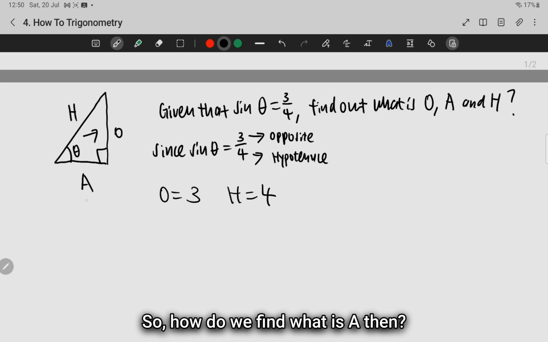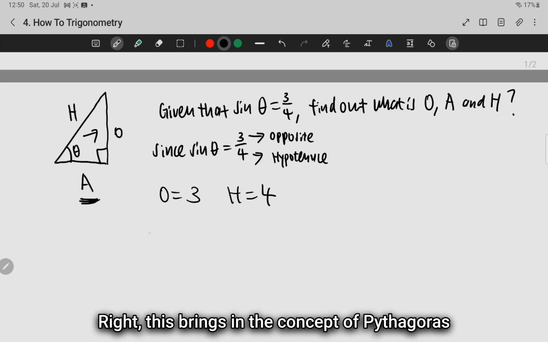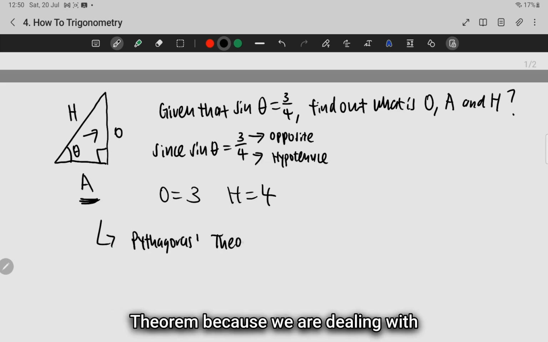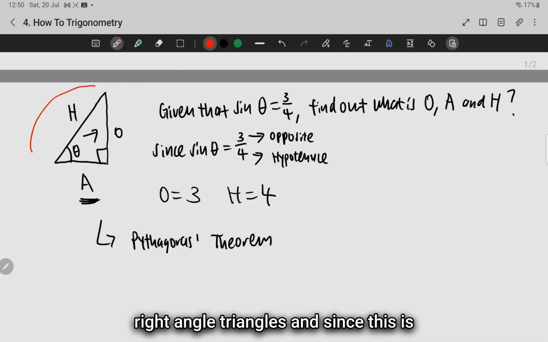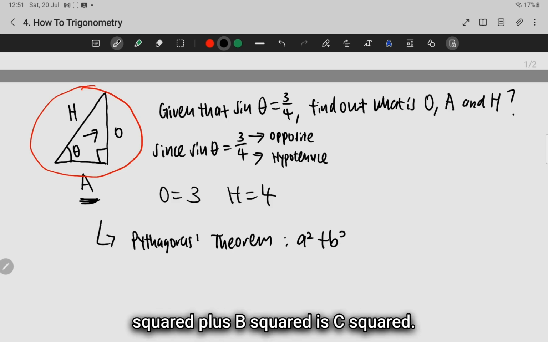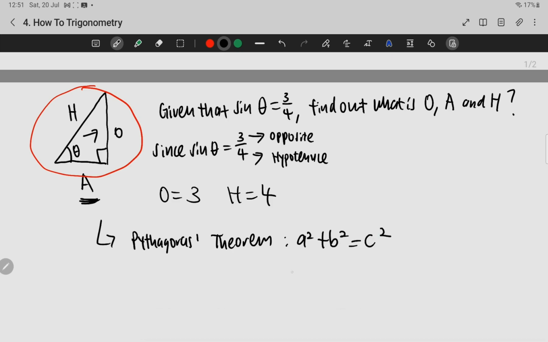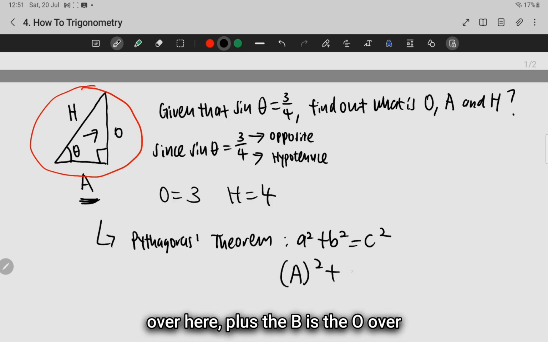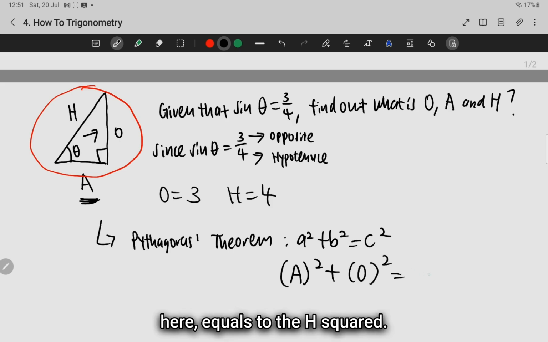So how do we find what A is then? Right, this brings in the concept of Pythagoras theorem. Because we are dealing with a right angle triangle, we will have a squared plus b squared is c squared, where a in this case is the big A over here, plus the b is the O over here, equals the H squared.